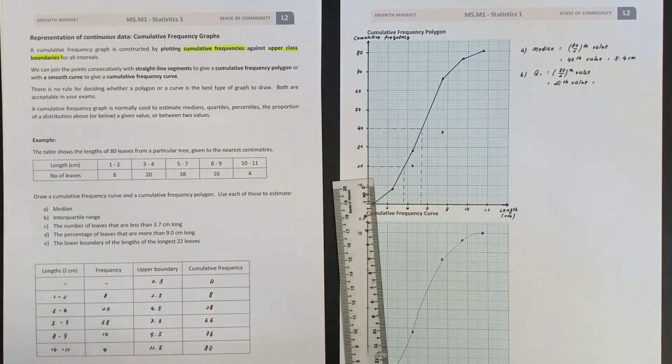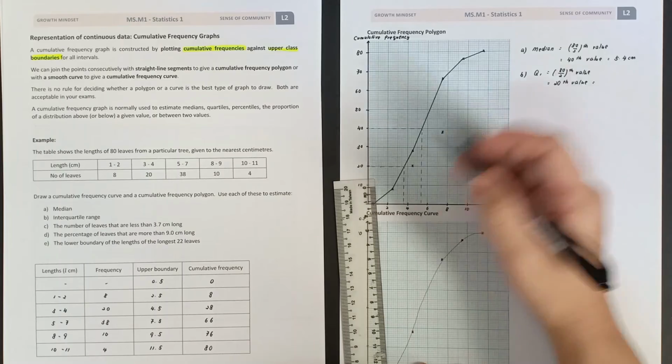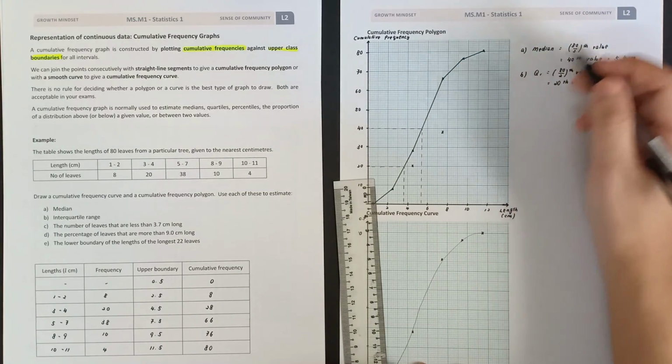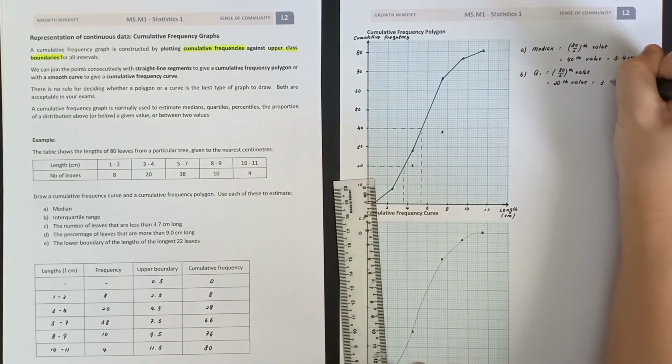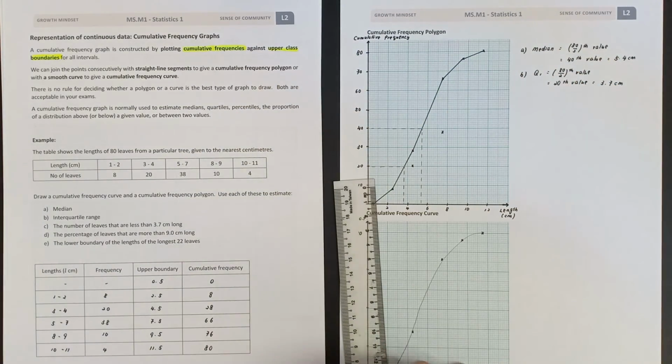Is that okay? Yeah, so you should be getting 3.7. Sorry, the line is not very straight, so yeah. 3.7 cm or 3.6 also can be okay.